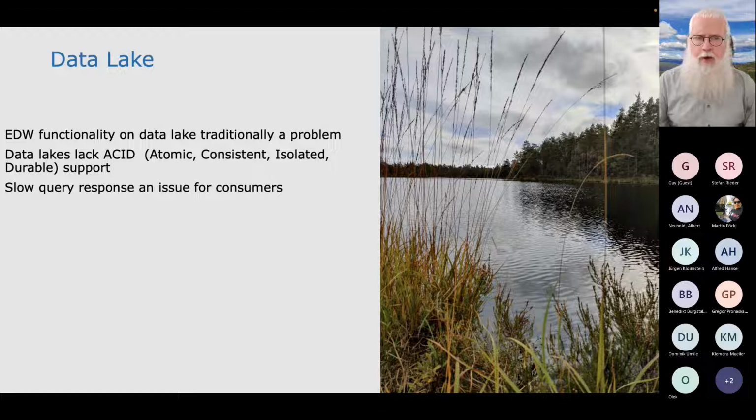And query response is an issue for consumers, because a data lake is just a storage account. So you need to have compute nodes somewhere, and that could normally end up being on the consumer side. And it's not stored in a way that makes for a quick response time.